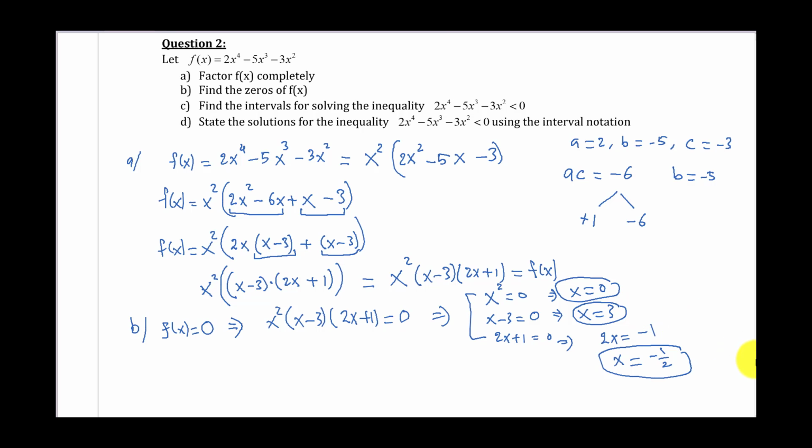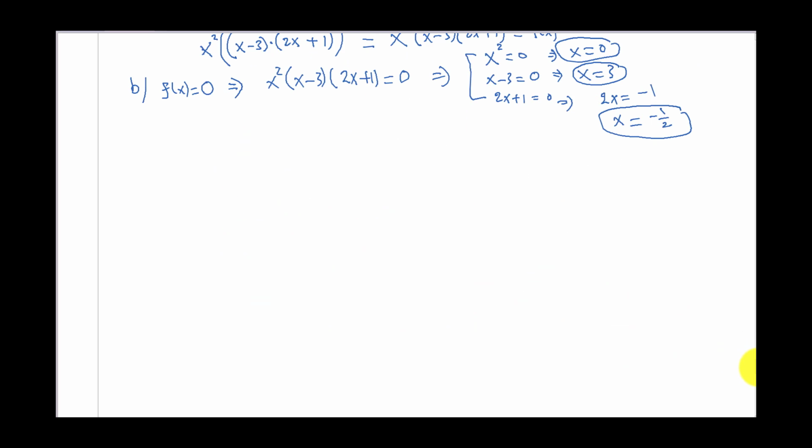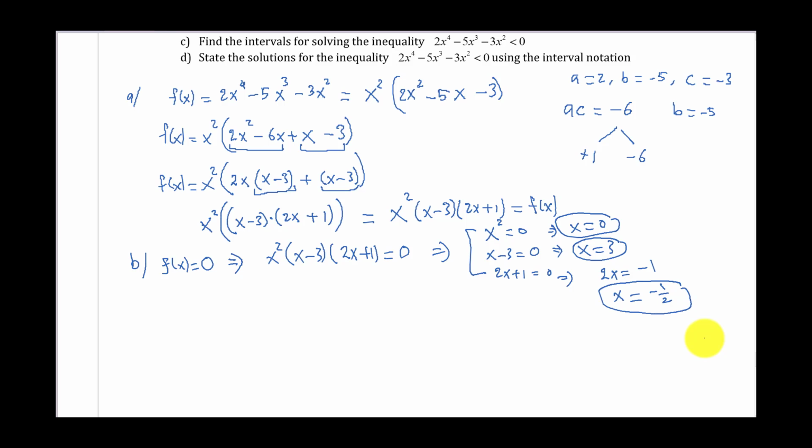The first thing is we need to find a boundary, where this function is equal to 0, and then we can do some testing to see which interval gives me values that are less than 0.